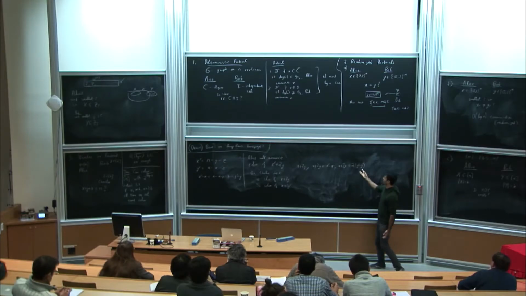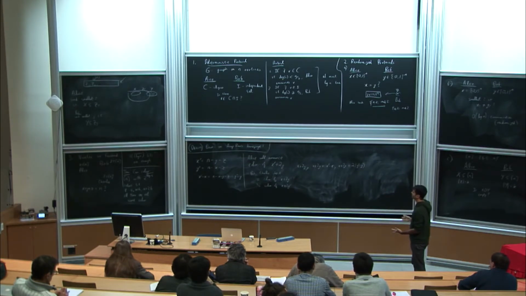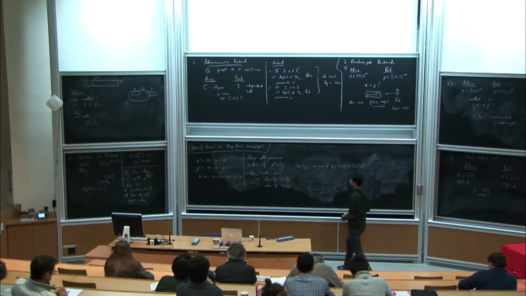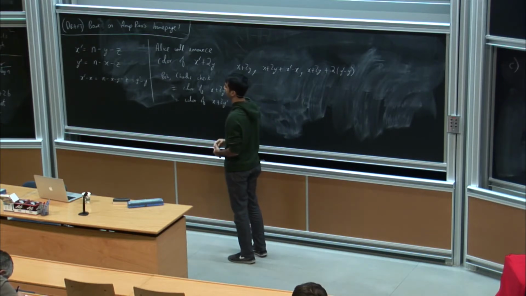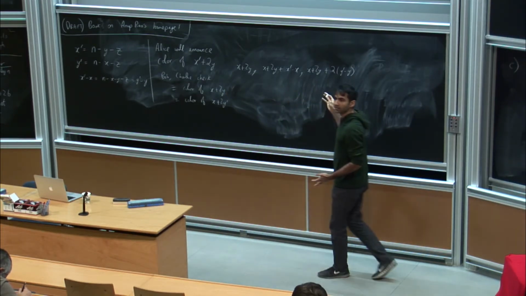And y prime minus y is equal to x prime minus x, so this is 2 steps. So those three numbers form an arithmetic progression, and by the property of the coloring, they cannot have the same color.